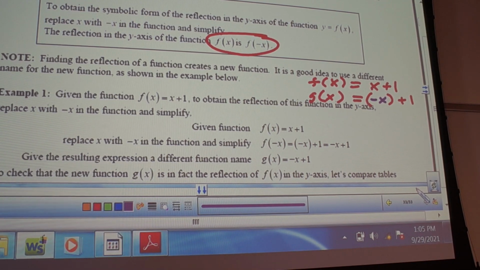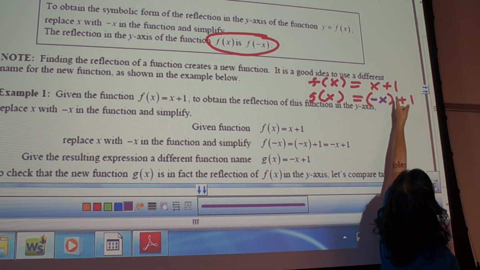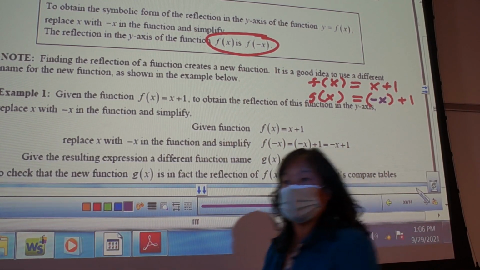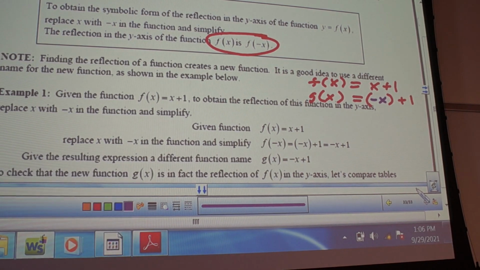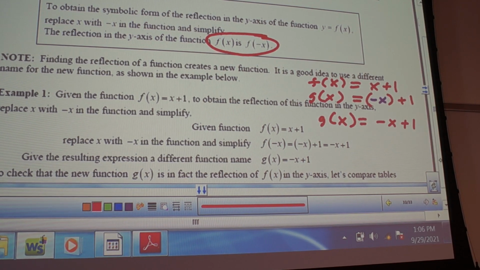People get confused on that a little bit. If you have nothing acting on it, nothing being multiplied in front of it, and it's not being raised to anything, then you can remove it. So this becomes, it's not the same function, it's a different function because it's the reflection. I'm going to call it g of x equals negative x plus 1.